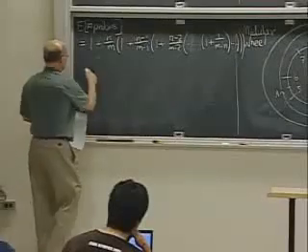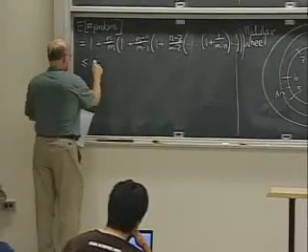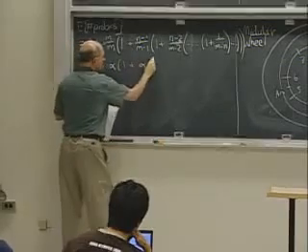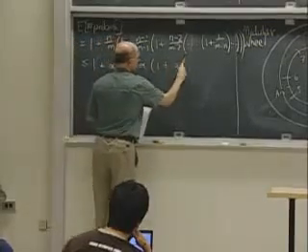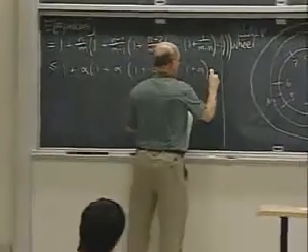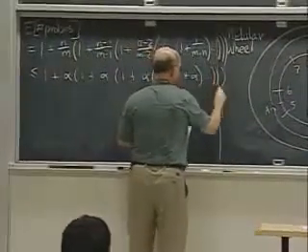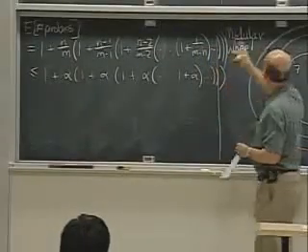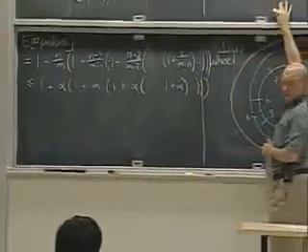Okay? So this is less than or equal to 1 plus alpha times 1 plus alpha times 1 plus alpha times 1 plus alpha. Just using the fact that I had here.